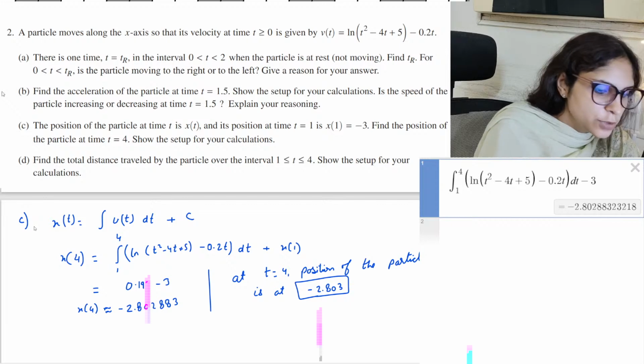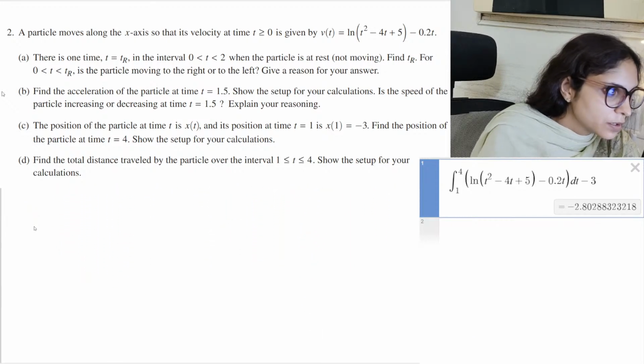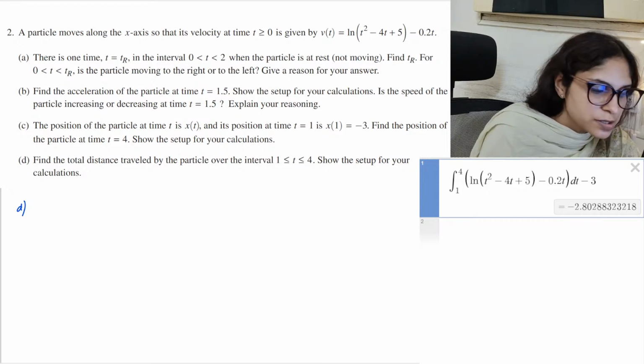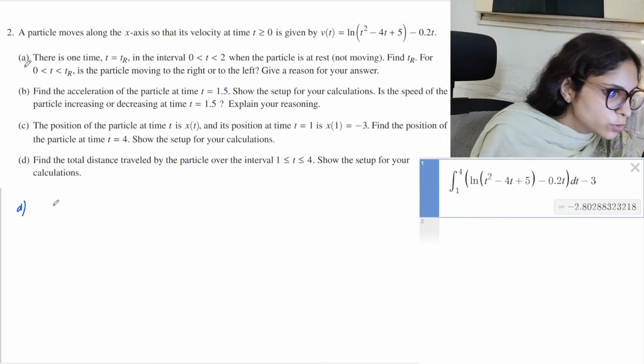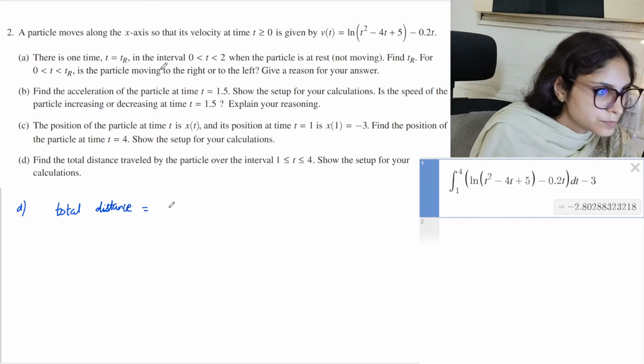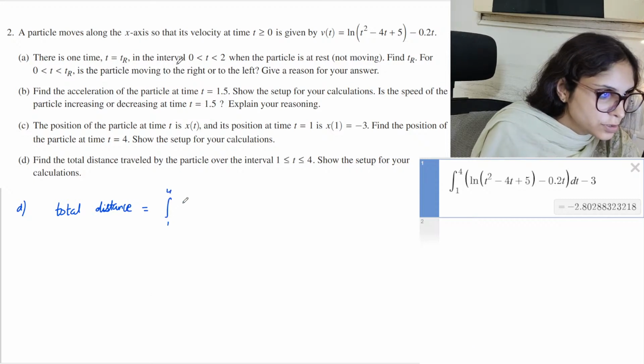So in part D, you have to find out the total distance. So the formula for total distance is integration 1 to 4, absolute value of v of t dt.